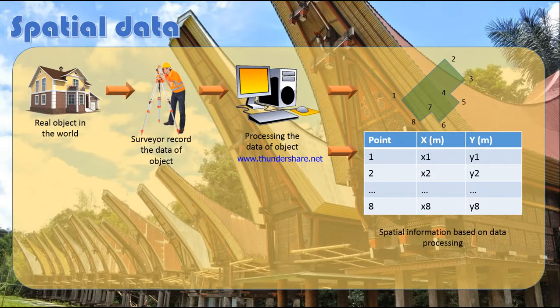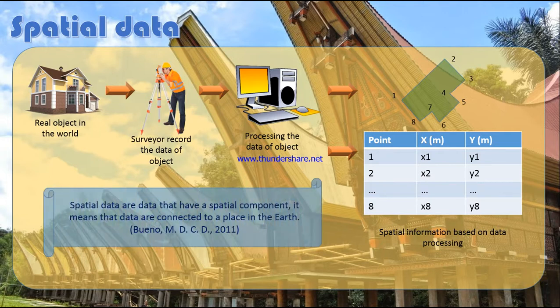And this will be spatial information based on data processing. Like when I mentioned in 2011 that spatial data are data that have a spatial component. It means that data are connected to a place in the earth.